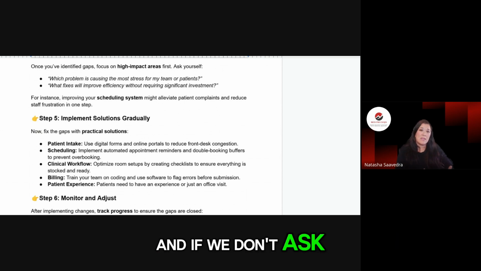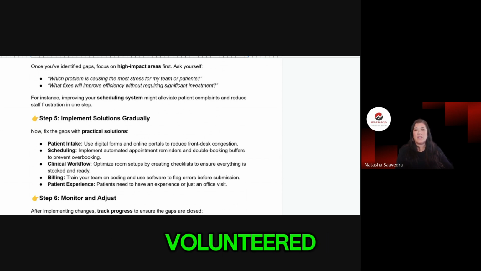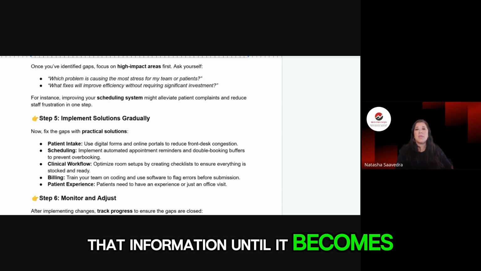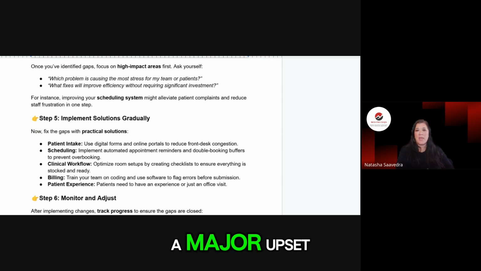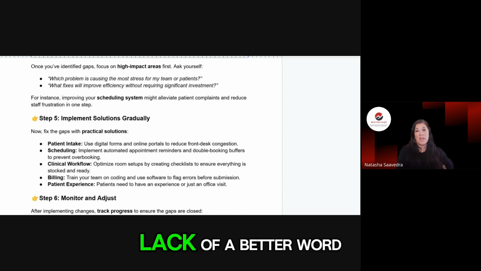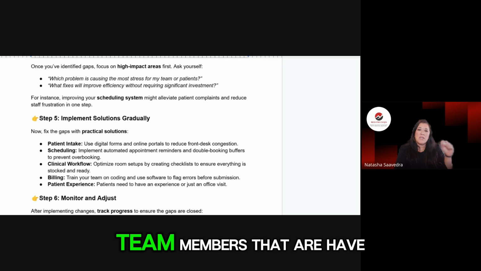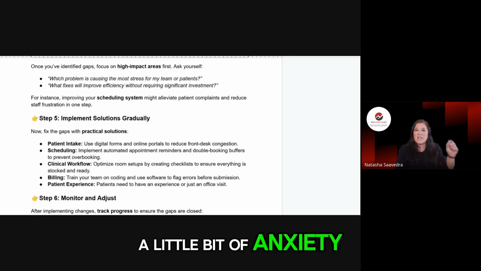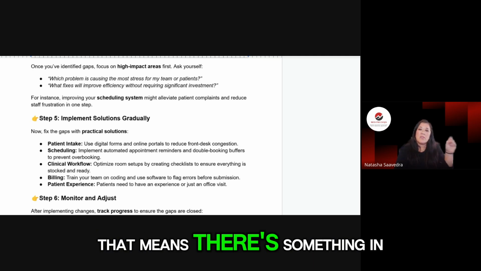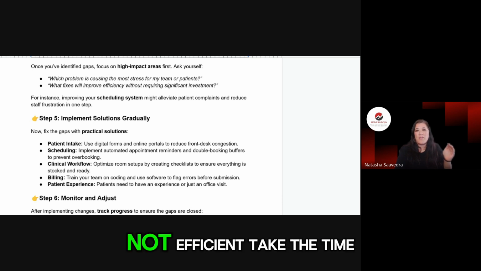And if we don't ask, we're not usually going to get volunteered that information until it becomes a major complaint, a major upset, and then people are, for lack of a better word, pissed off. So if you're having team members that have a little bit of anxiety, they're stressed out, that means there's something in your workflow that is not efficient.